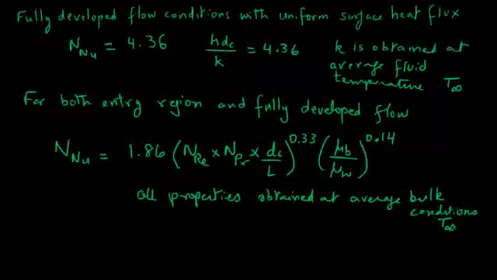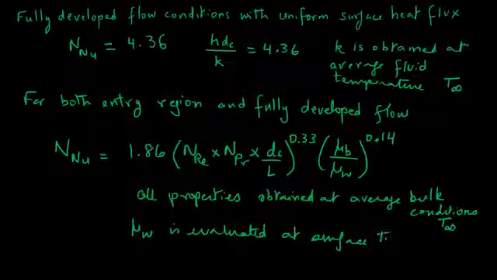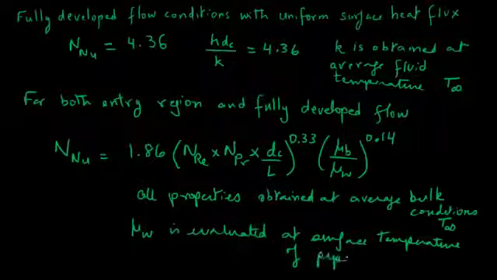Now mu w is the viscosity at the wall condition. So at the wall of the solid pipe, it will have some surface temperature, which will be different from the average fluid temperature. So mu w is evaluated at the surface temperature of the wall.